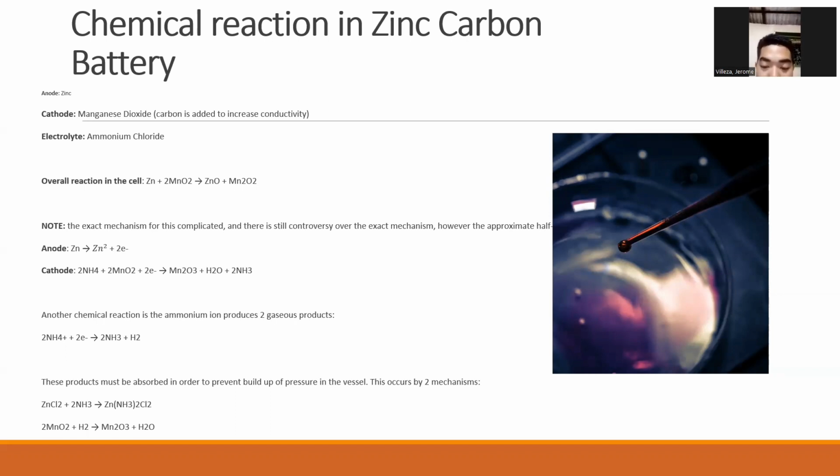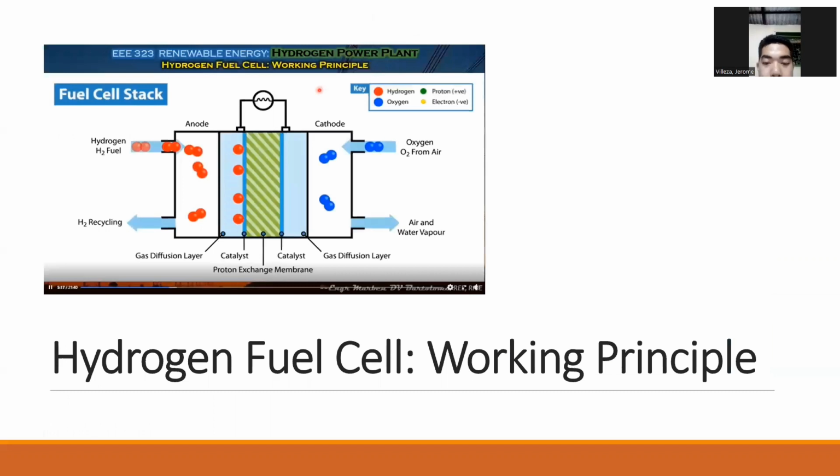These products must be absorbed to prevent pressure build-up in the vessel, which occurs by two mechanisms: ZnCl2 plus 2NH3 to Zn(NH3)2Cl2. Next.